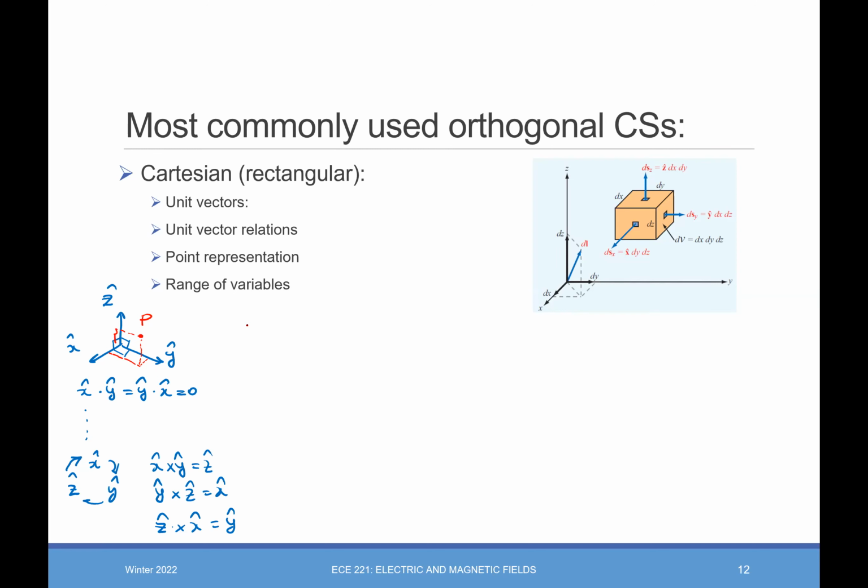P would be defined using 3 variables: the projection mapped to the x-axis, the projection on the y-axis, and then the z-axis. So for example, here, x is 1, y is 4, and z is 2, right? We need to define the position of point P using these 3 variables, x, y, z.